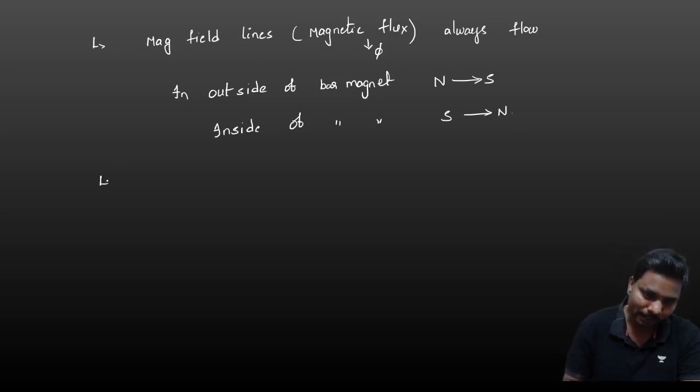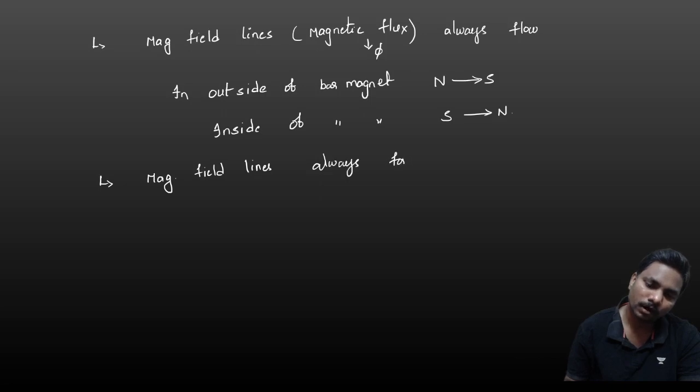That means these magnetic field lines always form closed loops, and they never cross each other and may not intersect.